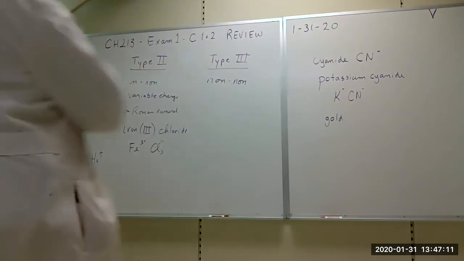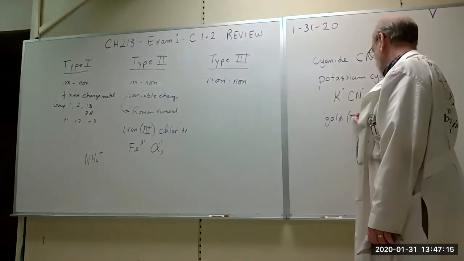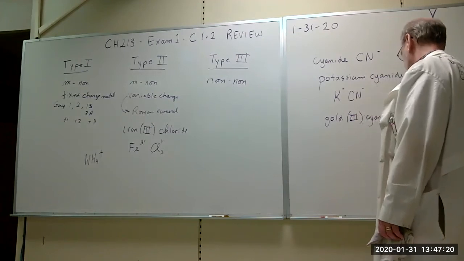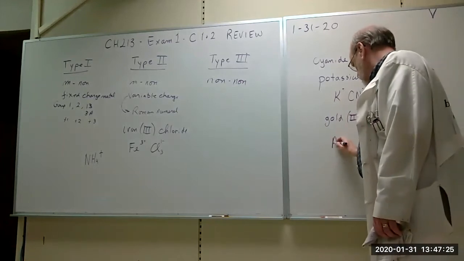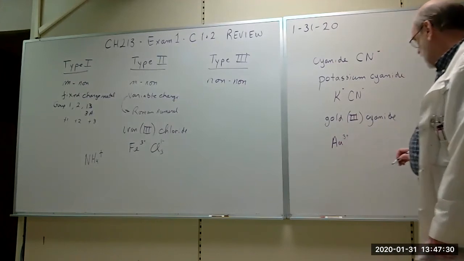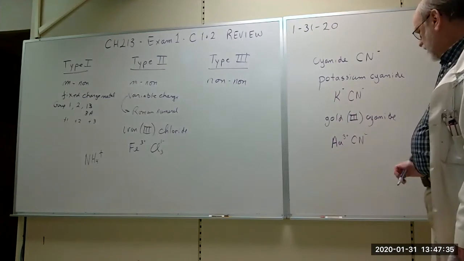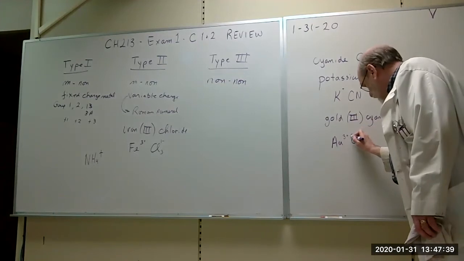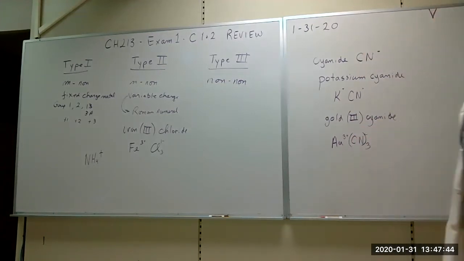No, 1 or 3. Let's say gold 3 cyanide. So you need your symbol for gold, Au, aurum. It has 3+ charge, and cyanide -1. So we need 3 cyanides to balance the charge. So we have to say that's a polyatomic, so it's got to be like that and like that.